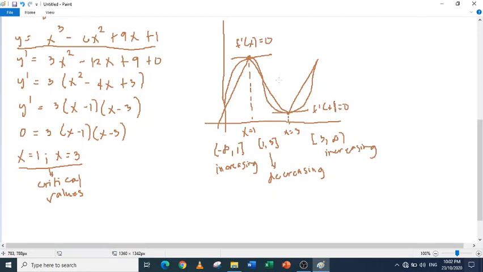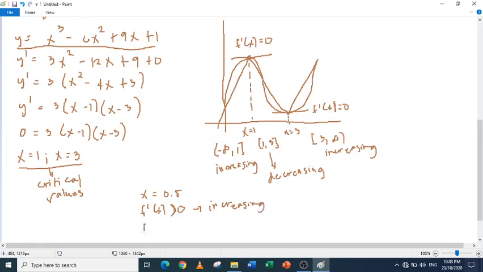So, meaning, any value less than 1, so consider a value slightly less than 1, say at x is equal to 0.5, so if f prime of x is greater than 0, we can say that the function is increasing.